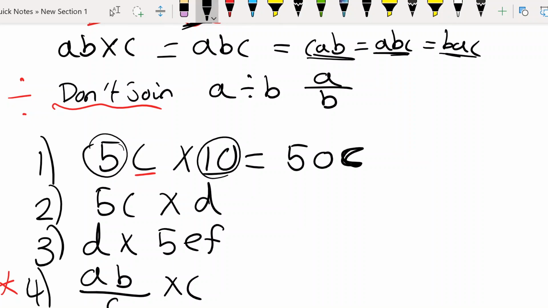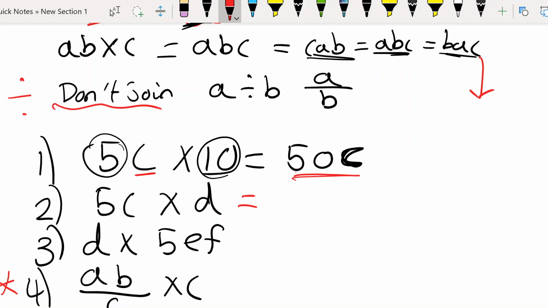For this one, it's very similar to the example up above. It doesn't matter if I write a constant, so a number, and then two letters, or what order I write my numbers and letters, if it's a combination of them both. As long as they're all joined up, like in this example here.